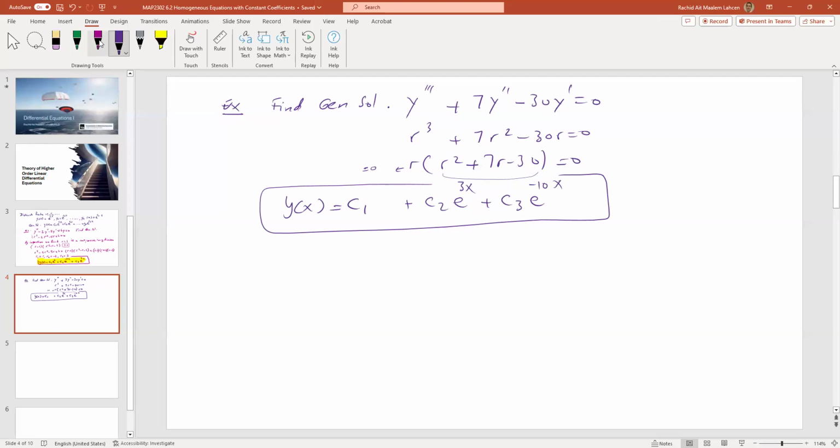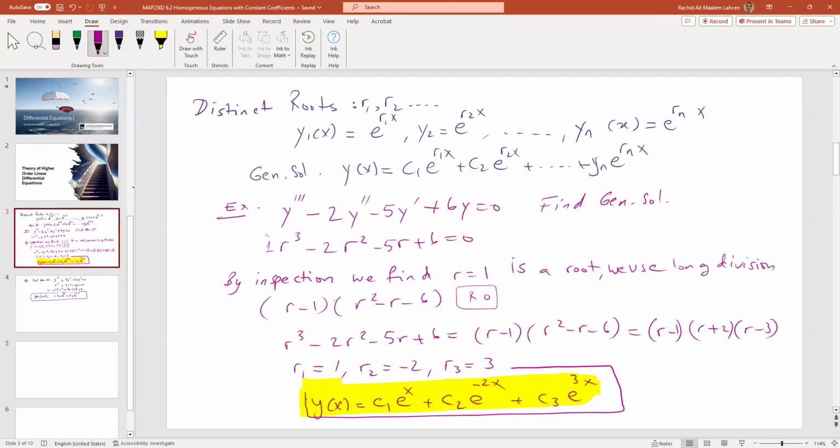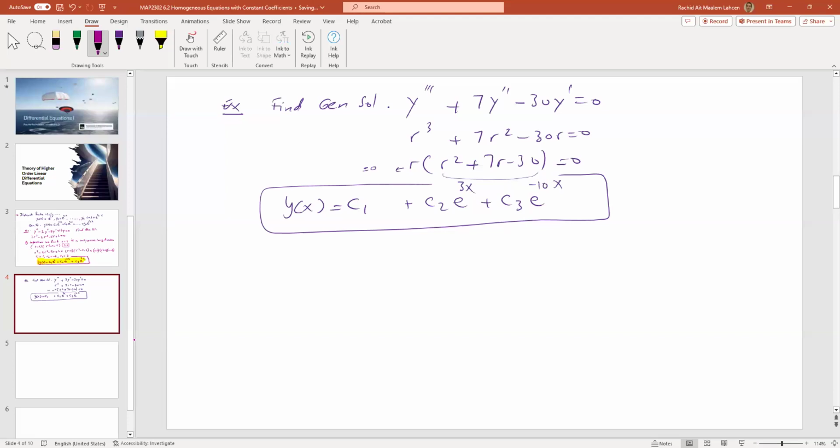Okay, so we could go into distinct roots. We may have complex roots. And as we saw in the past, let's say alpha plus i beta is a complex root of this auxiliary equation.